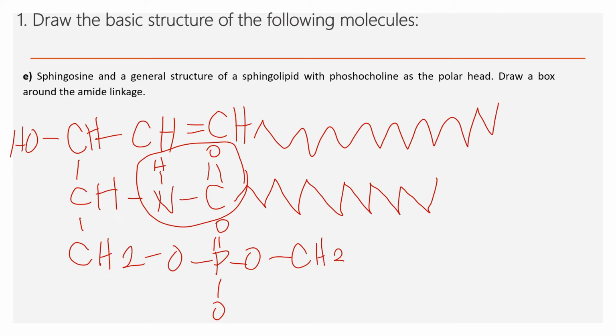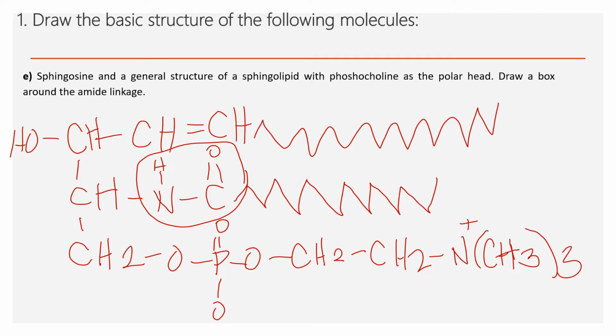And then 2 CH2s, because they want phosphocholine. So that's phosphate, CH2, CH2, and then N, positive charge, and then there's 3 methyl groups attached. And that's it.